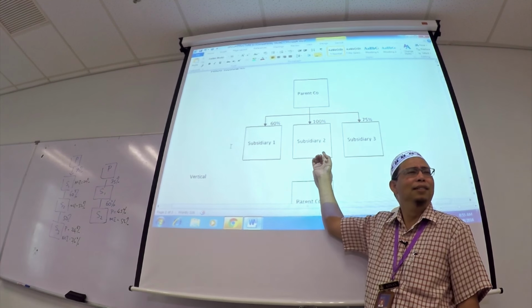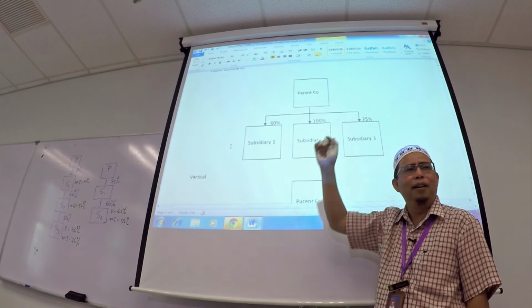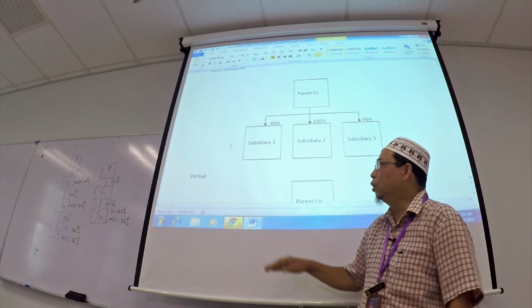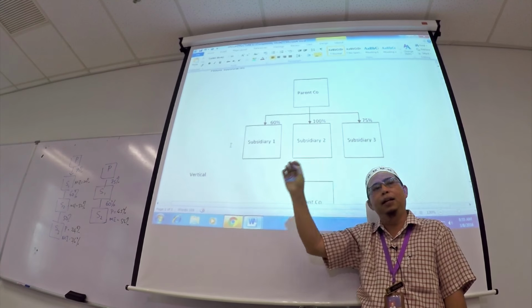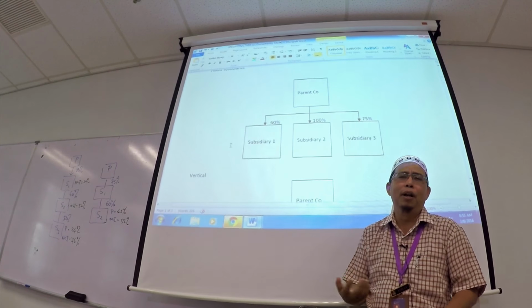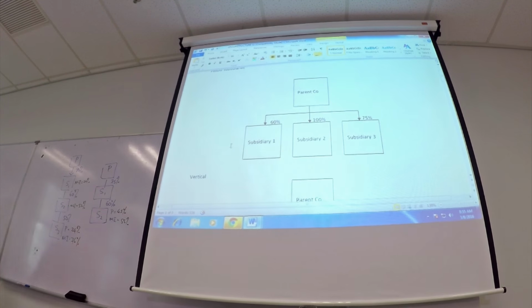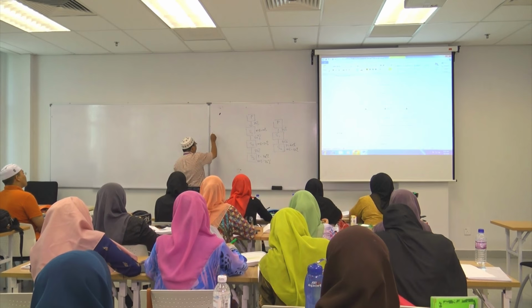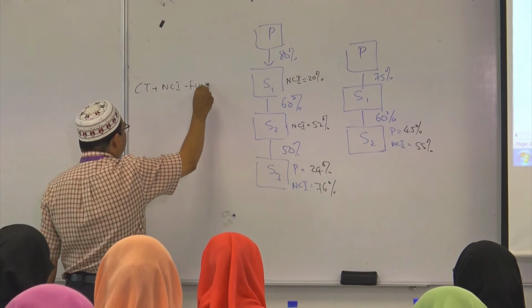We did test last semester. One subsidiary, 100% control. So what happened? If you have 100% subsidiary, you still need to calculate the goodwill. But the formula, you still can maintain the formula. I mean, the formula is still the same. Consideration transferred plus NCI minus fair value of net asset.